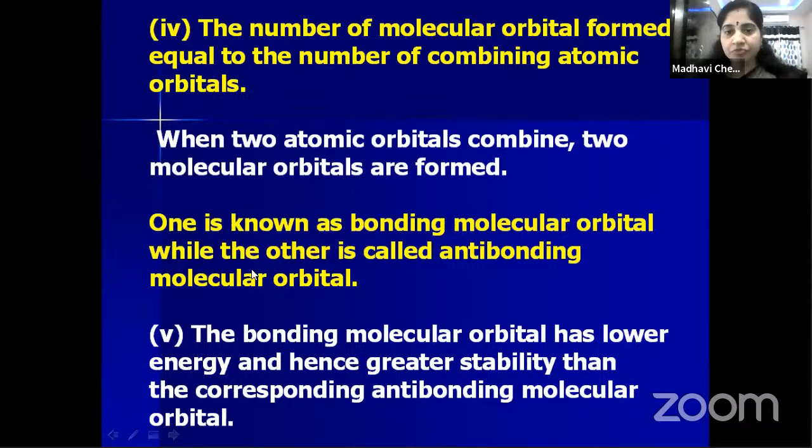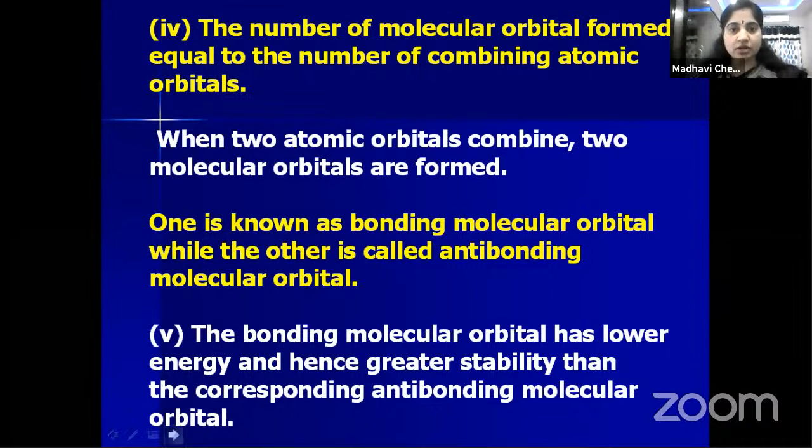Again, I am repeating, when two atomic orbitals combine, they give two molecular orbitals, one bonding and the other anti-bonding. Bonding molecular orbital has less energy and more stability, and anti-bonding molecular orbital has more energy and less stability.